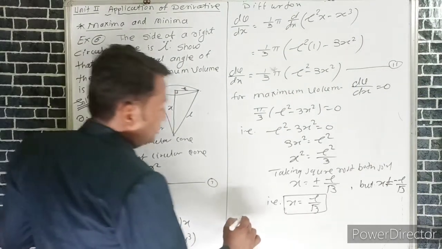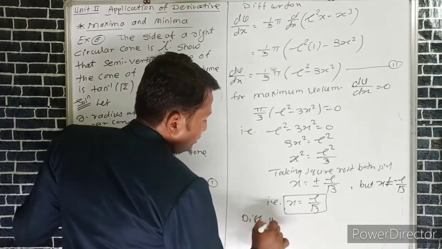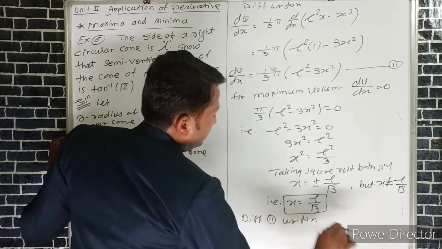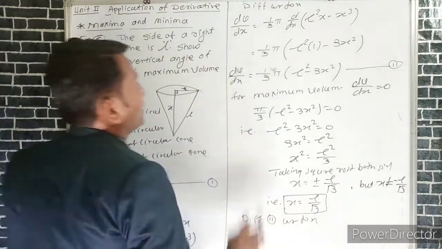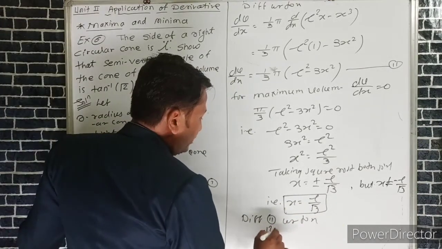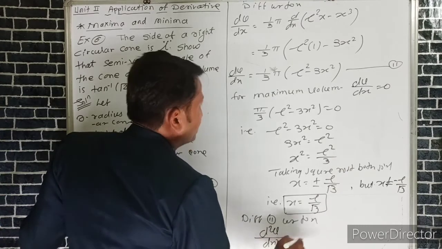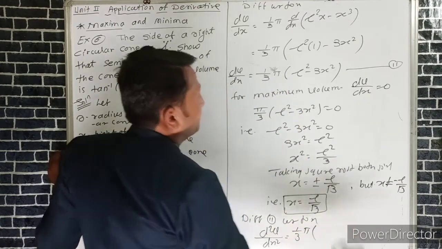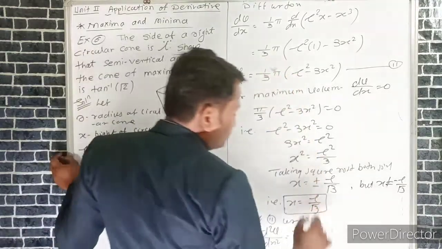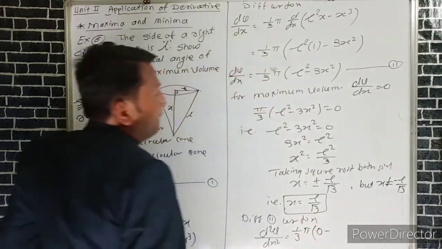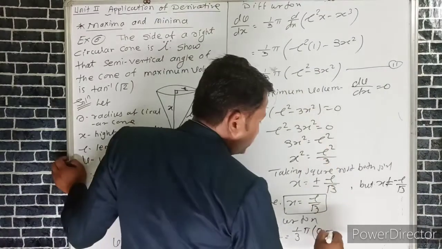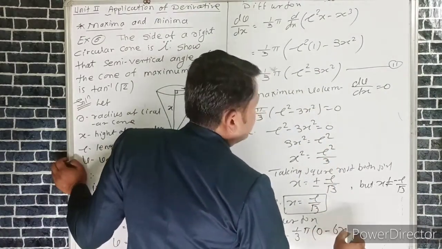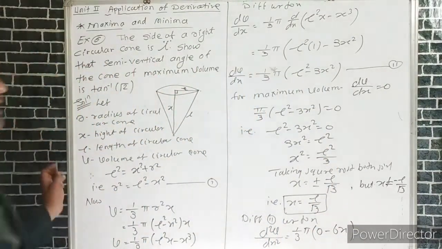If we differentiate equation 2 with respect to x, then we get the second order derivative d2v upon dx square is equal to 1 by 3 pi, which is a constant. The derivative of L square is a constant, again 0, minus 3 into 2, which is minus 6x. The derivative of 3x square is 6x.